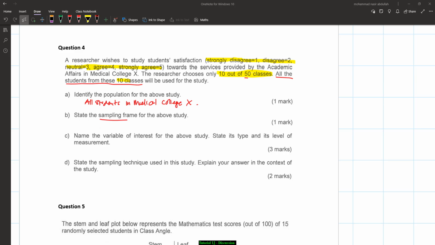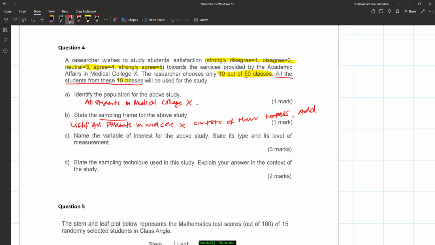So betul sikit, partially correct. So tapi the correct one should be all students. So list of all students in medical college, right, consists of their information, consists of their names, lagi apa?